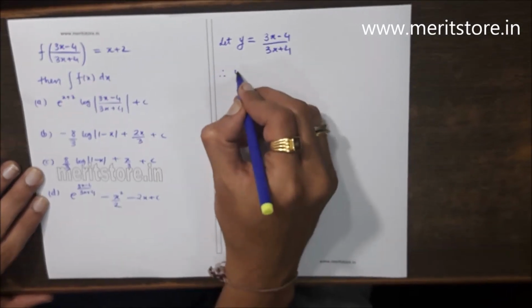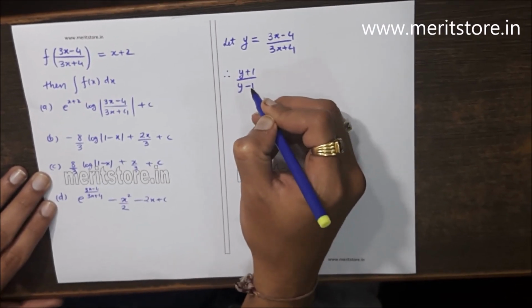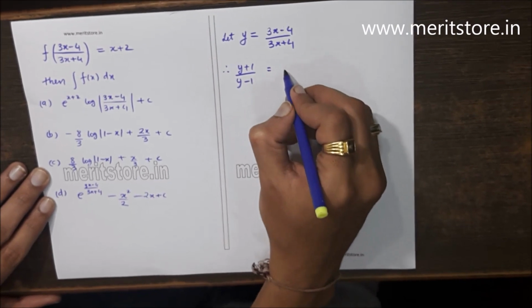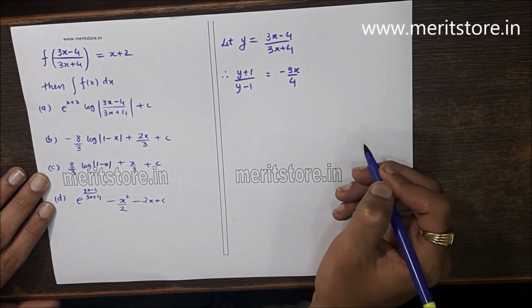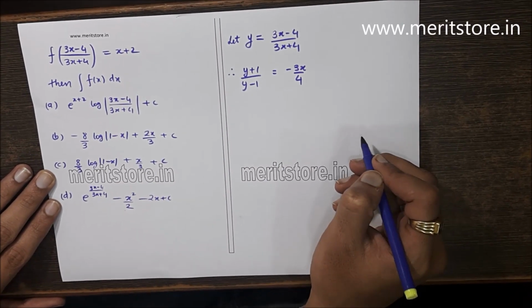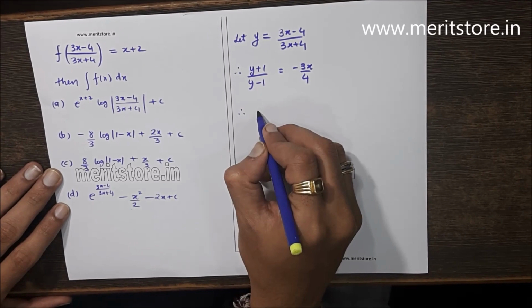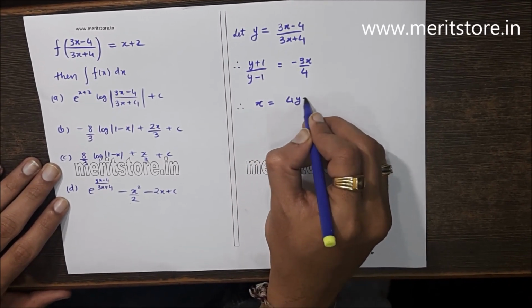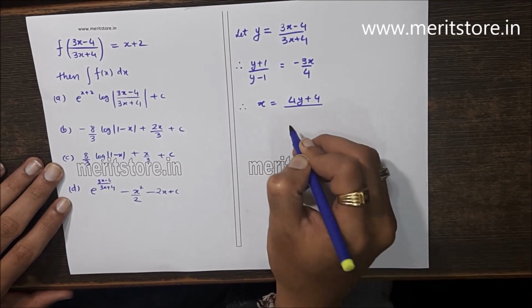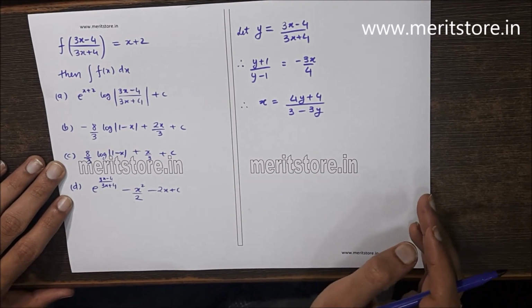On applying componendo dividendo, I'll get y plus 1 upon y minus 1 equals minus 3x upon 4. On solving this, I'll get the value of x equals 4y plus 4 upon 3 minus 3y.